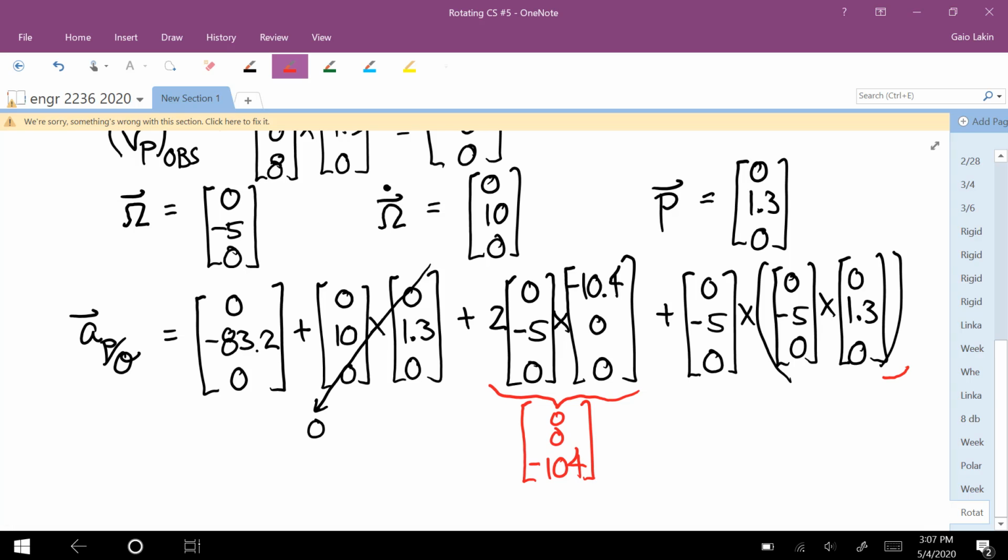These two together: notice that in the parentheses we have the cross product of two parallel vectors, so that goes away, so this whole thing goes away.